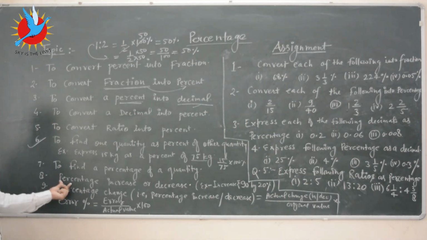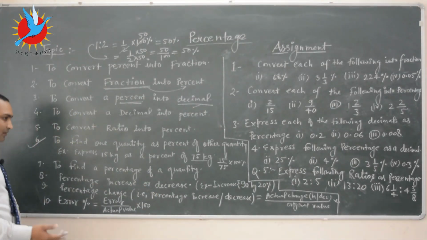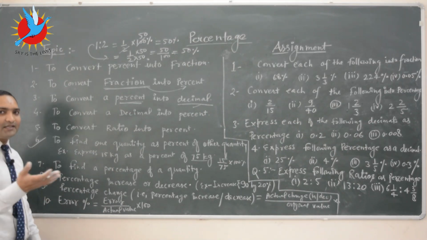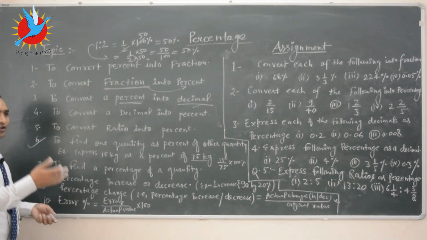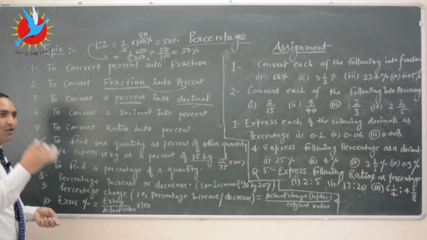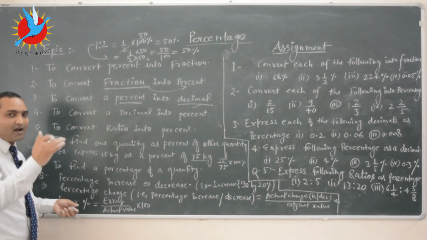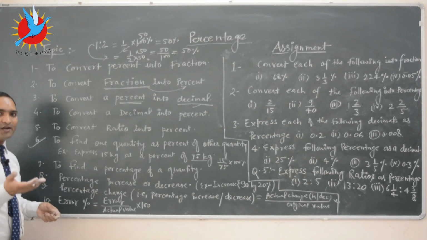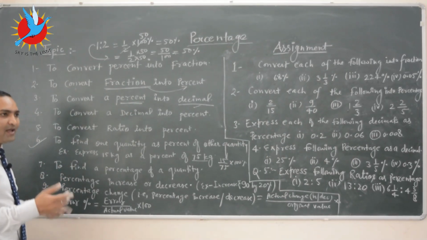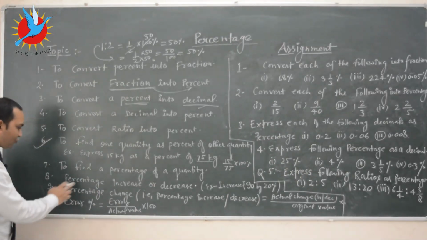And the 8th point is percentage increase or decrease. Consider your mark in maths is 80 out of 100. If in the next test you get 75 marks, how much is the percentage decrease? Or you got 80 marks, and after 1 month in the next test you get 95 or 75. So how much is the percentage increase or decrease in your marks?